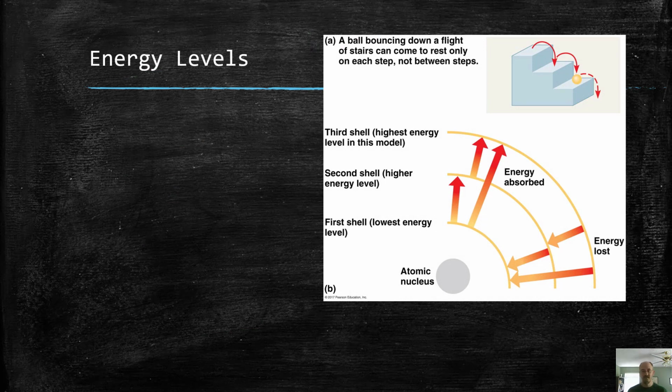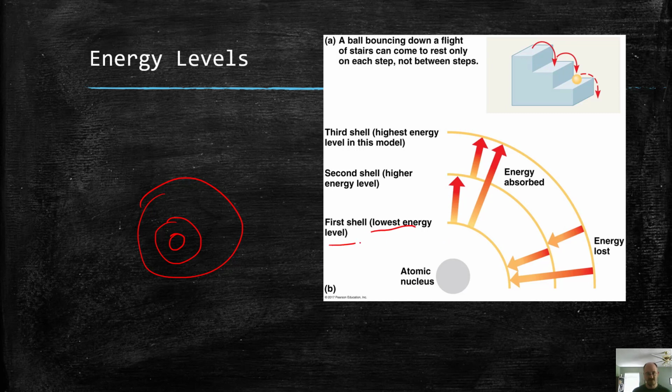Now, I mentioned energy levels already, and I want to introduce them more formally here. Electrons are found at various distances from a nucleus. These are called energy levels, because the closer you are to the nucleus, the lower the energy that electron has.